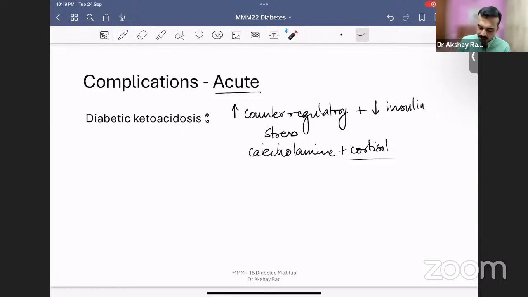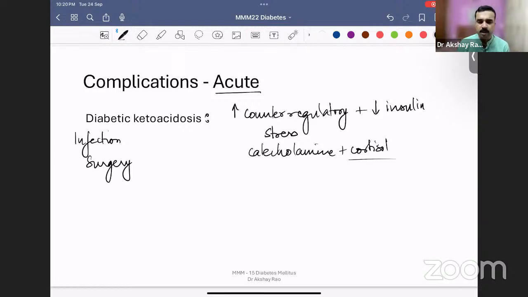So when these levels are high, that means a type 1 diabetic patient is suddenly under stress. What kind of stress? Most often it's an infection. Or it could be a surgery, burns, some sort of intense stress, very major trauma.